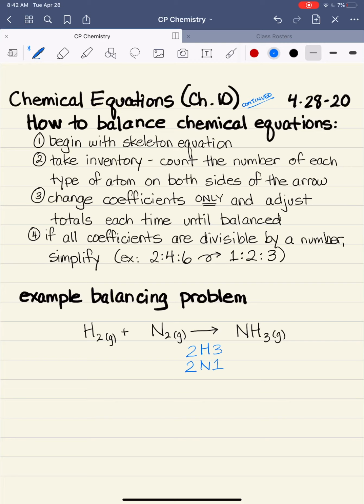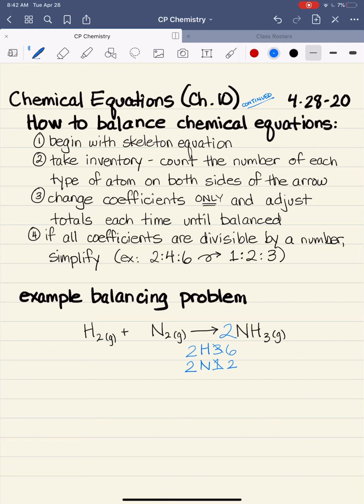Now I'm going to take a look at this nitrogen. To me, that's a good starting place. If I put a 2 coefficient in front of this, that 2 is going to double the number of nitrogens and also double the number of hydrogens present. So that's going to give me 2 nitrogens, and it's also going to give me 6 hydrogens. All right, my nitrogens are in balance, but my hydrogens are still off.